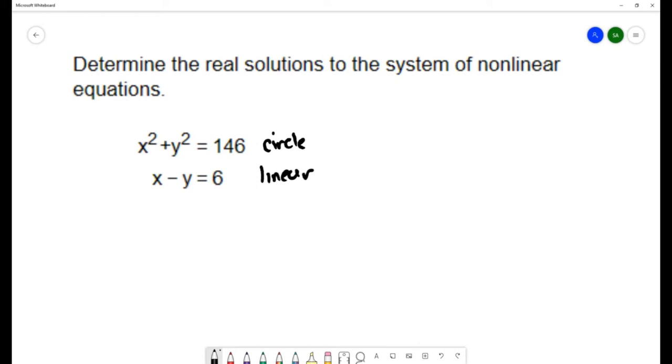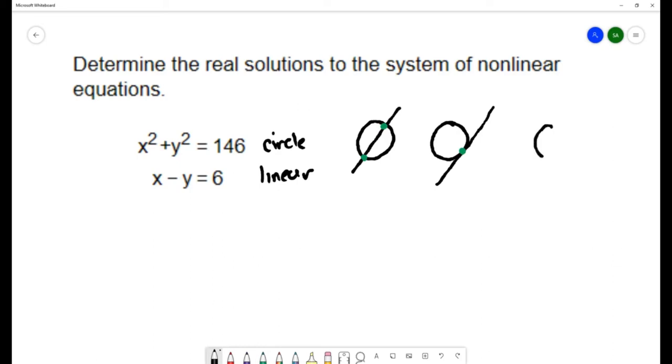And if I draw a circle and a line, I might get two intersection points, which would give me two solutions to the system. But this circle and the line might also be drawn in a way that the line is tangent to the circle, and that would only give one intersection point and one solution to the system.